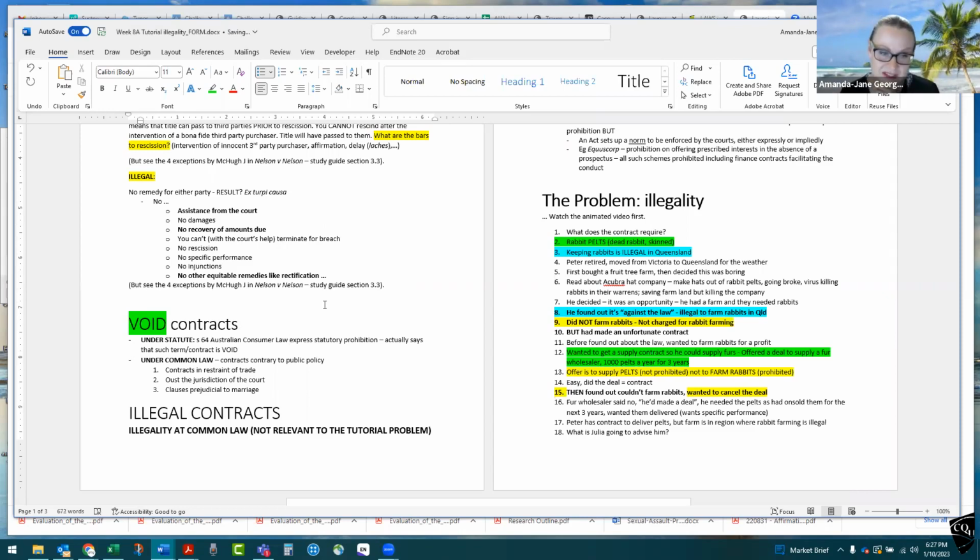Section 64 of that says that if you try to contract out of any of the consumer guarantees, like whenever you buy something from Aldi or any retailer, Myers or David Jones or whoever, then it's going to have to be things like fit for purpose. And if it's been sold to you by description, it's got to correspond with the description and all of those things.